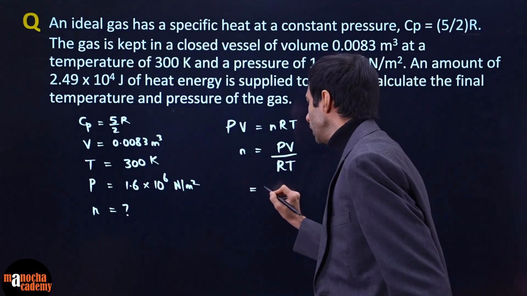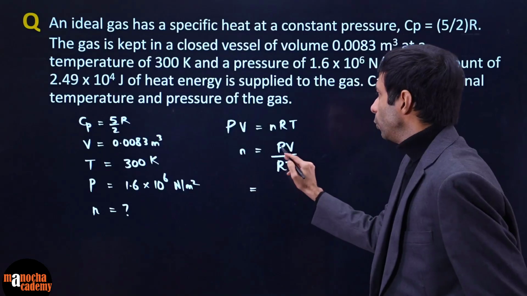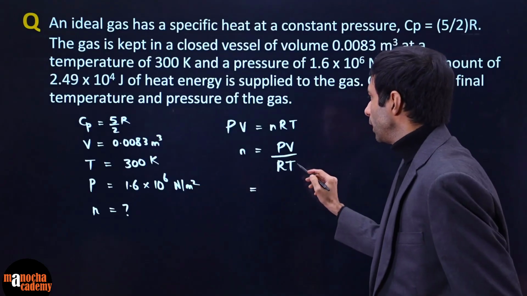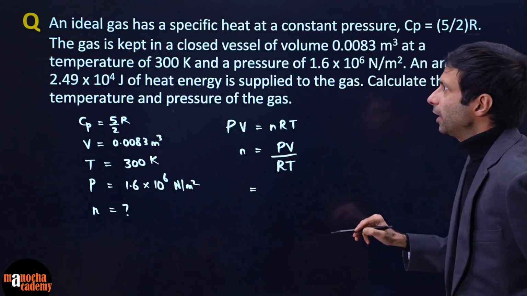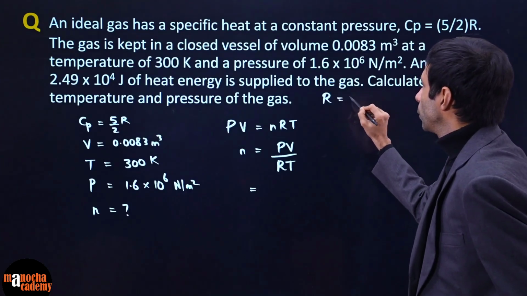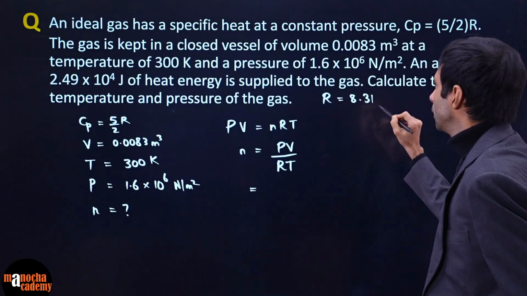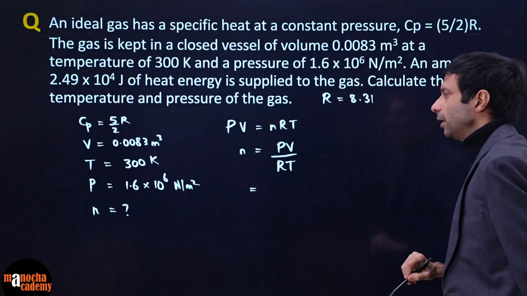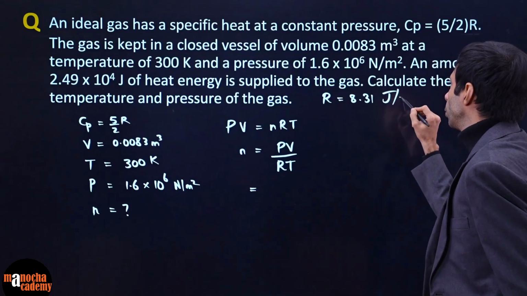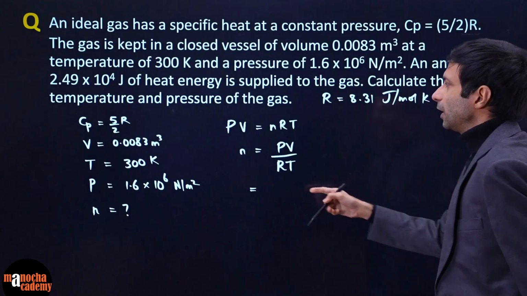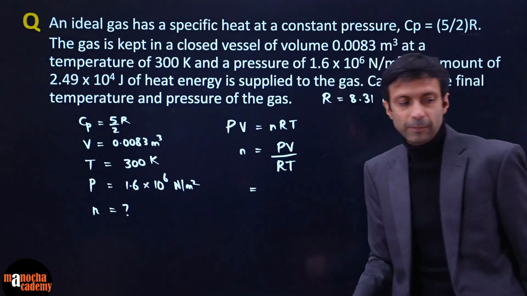Can you guys do that for me? Just substitute this value, pressure times that volume, temperature is given, and R you can take the universal gas constant 8.314 or 8.31, in joules per mole Kelvin. That will give you the number of moles.